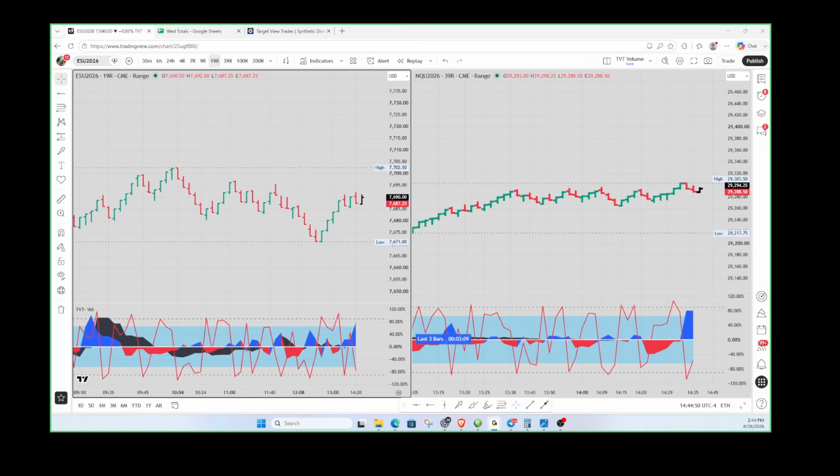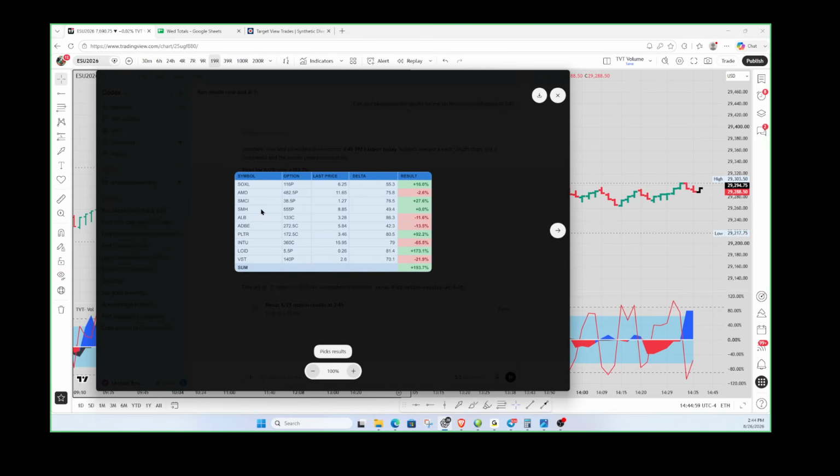The option stuff, I had the minions going after the results so far today. These are the results right now. It's my first time looking at them, but these are the results so far today for the picks that came out today. So VST is down a little bit. LCIT is a big winner right there, and it's just kind of been a mixed day really.